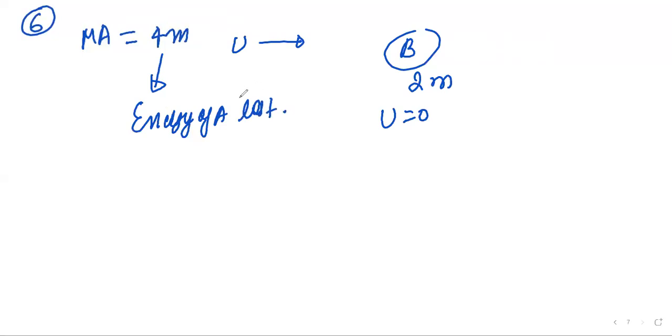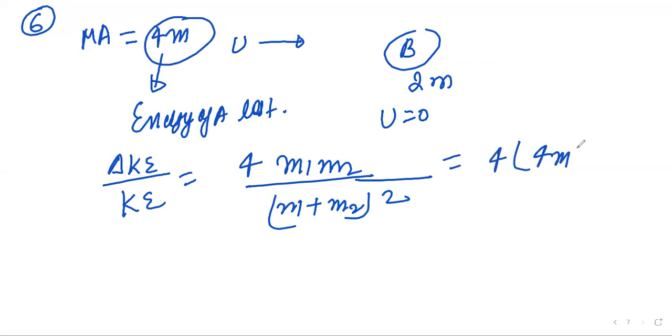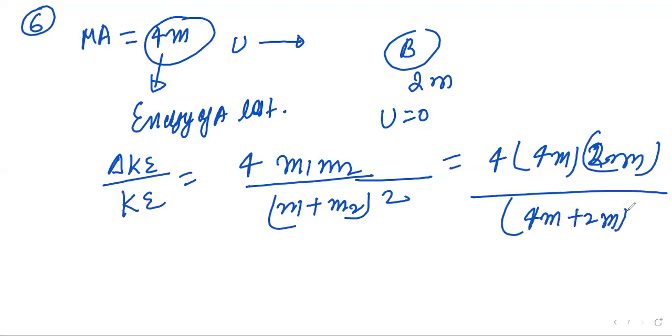So let's see the sixth part. The fraction of kinetic energy lost is change in kinetic energy by kinetic energy, which is 4 m1 m2 divided by m1 plus m2 whole square. Now put the values: m1 is 4m, m2 is 2m, divided by 4m plus 2m whole square.